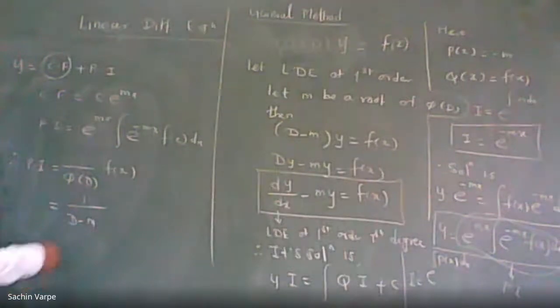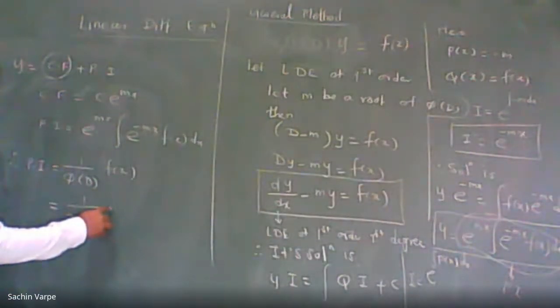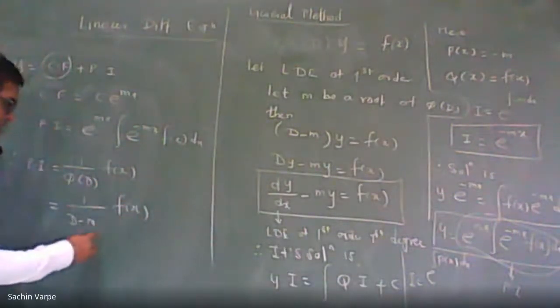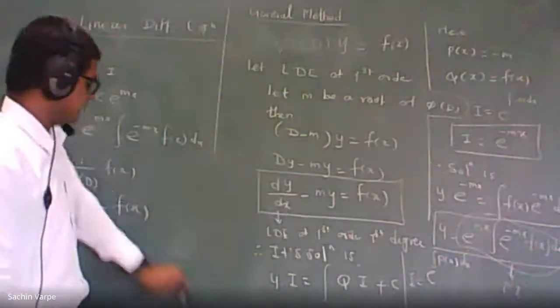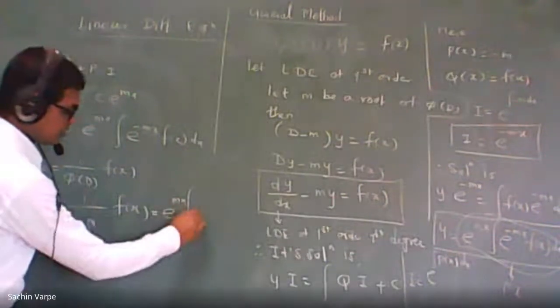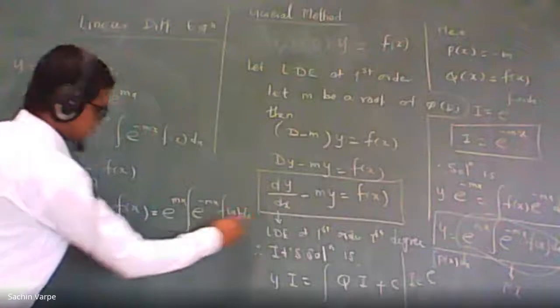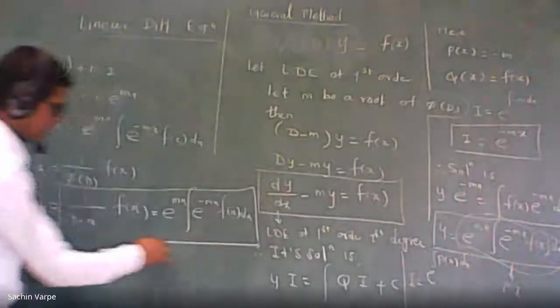So phi of D is D minus m, and f of x is f of x only. That is equal to e to the power mx integration of e raised to minus mx f of x dx. This is the first formula to find the particular integral.